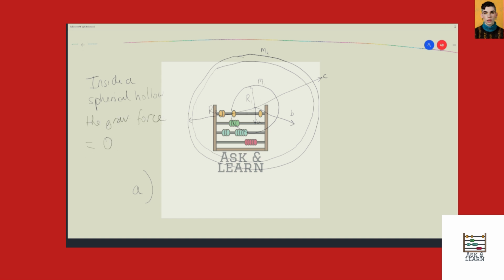So for A and B, we're inside the spherical shell, so the gravitational force from the shell will be 0. We only need to focus on the force from the solid sphere.